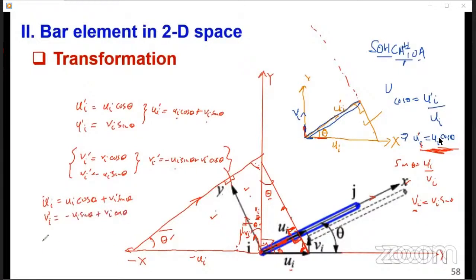So you can write in matrix form U prime I, V prime I, that's a displacement vector, is equal to, so you see this is cos, let me just see, sine, minus sine, cos. Yeah, and then you have UI, VI.